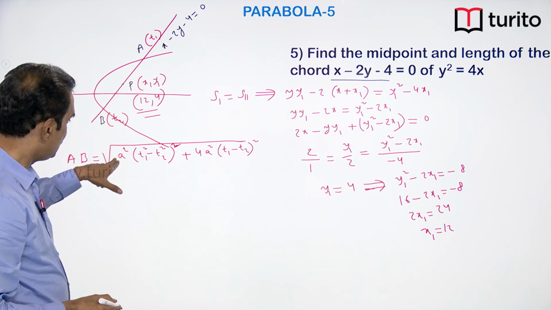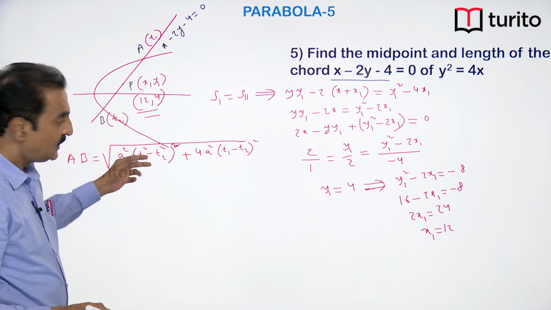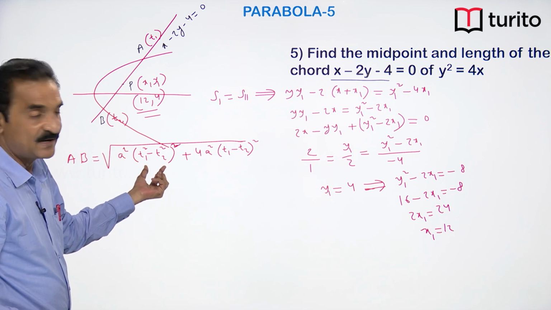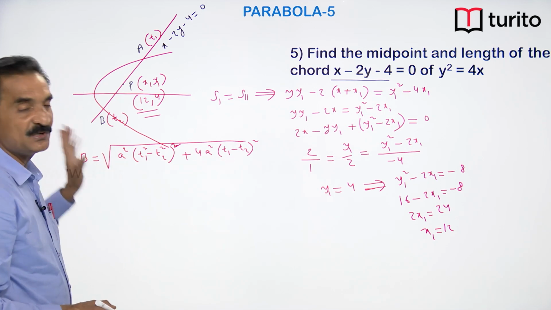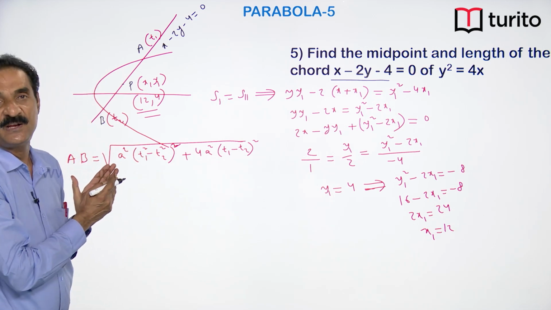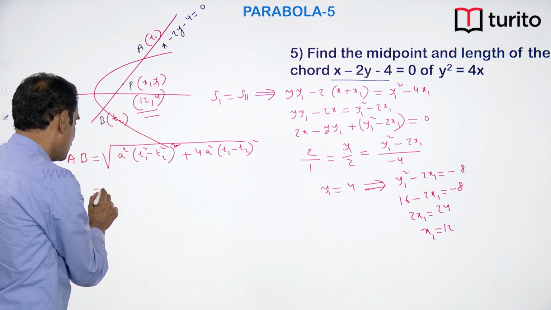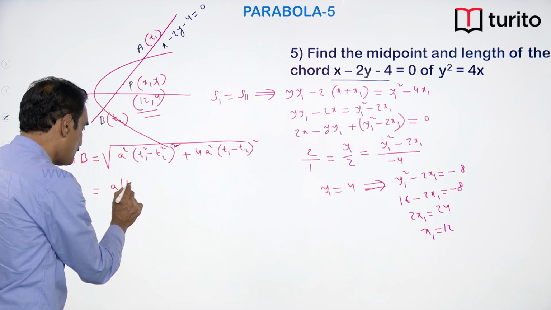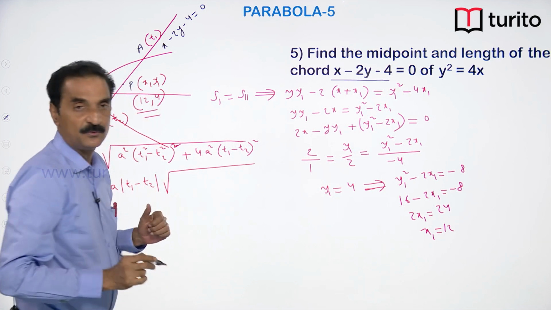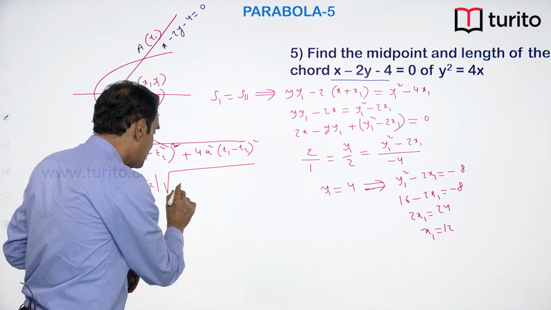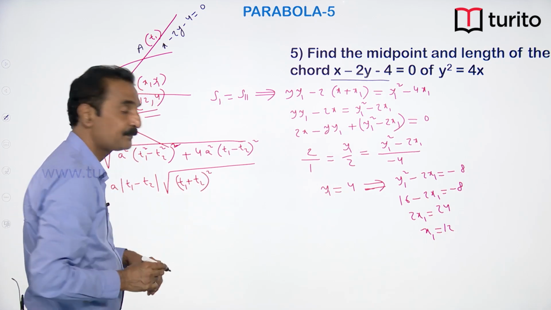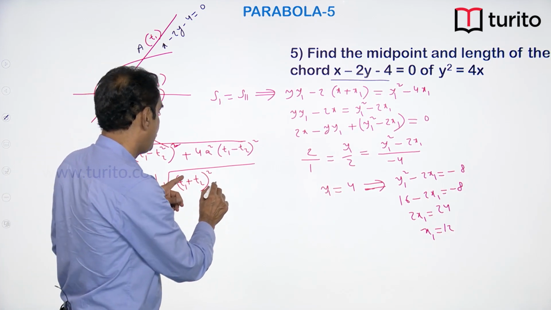You can see a square is common, and if this is factorized as (T1 plus T2) into (T1 minus T2), (T1 minus T2) whole square will also be common. So taking a square and (T1 minus T2) whole square outside, you will get a into mod T1 minus T2 into square root of (T1 plus T2) whole square plus 4.